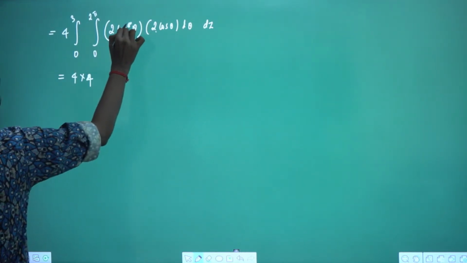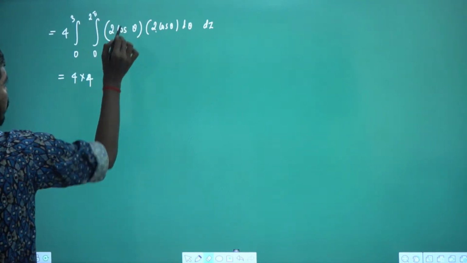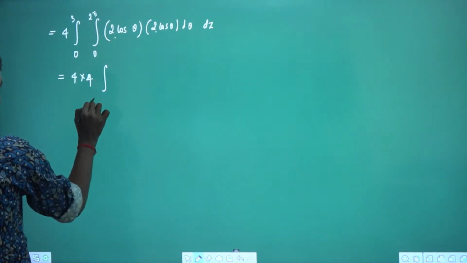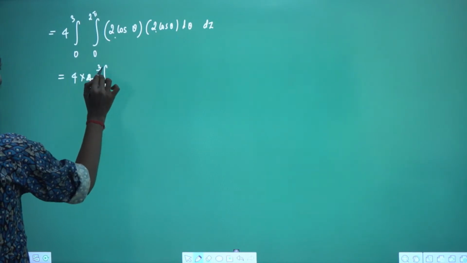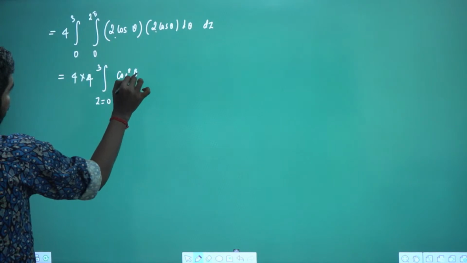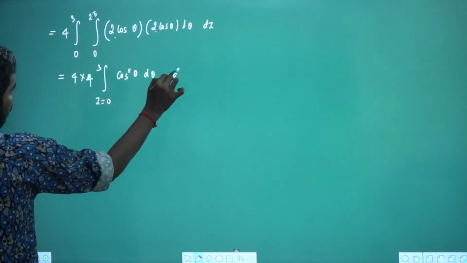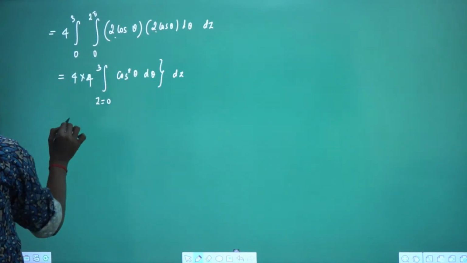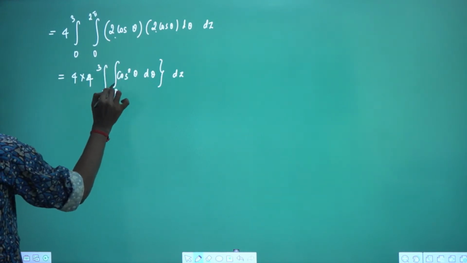So we have z varies from 0 to 3, and this is cos square theta d theta dz, from 0 to 2 pi.